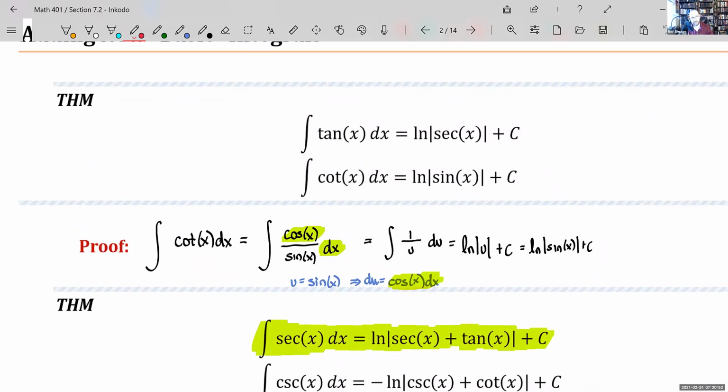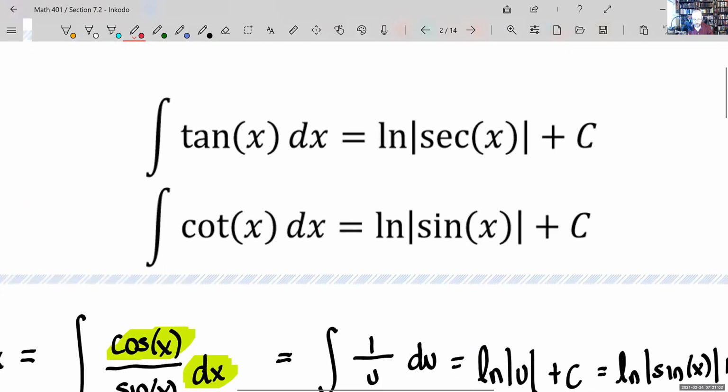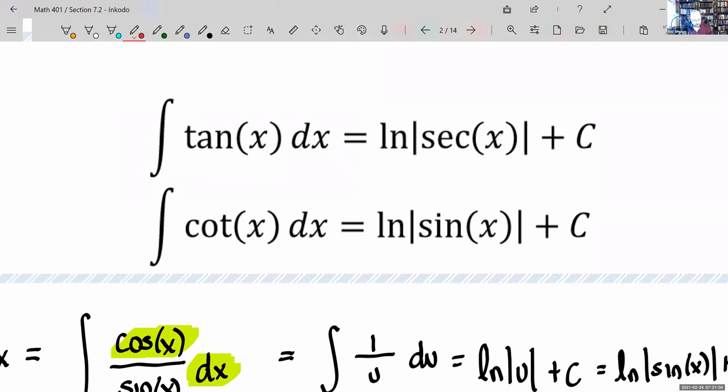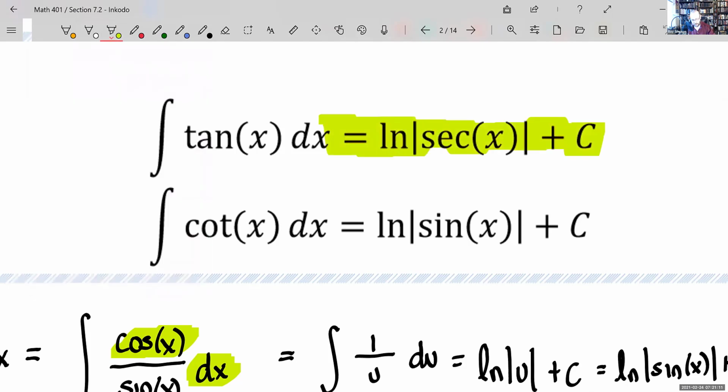Then again, last time we reminded ourselves about these integrals, the integral of tangent and the integral of cotangent, and I had mentioned that it's probably a good idea to have the integral of tangent in your brain. If not, you can rederive it pretty quickly. It's just sine over cosine, let u equal the cosine, and you get that.